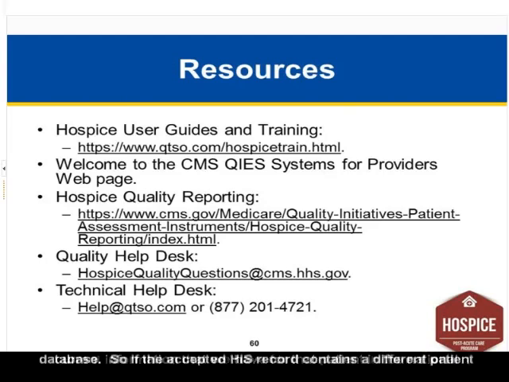So if the accepted HIS record contains different patient identifying information than what is in the database, and the HIS record is accepted by the ASAP system, that particular piece of patient identifying information is updated in our national database. And there are certain patient identifying fields that can cause this error to occur.